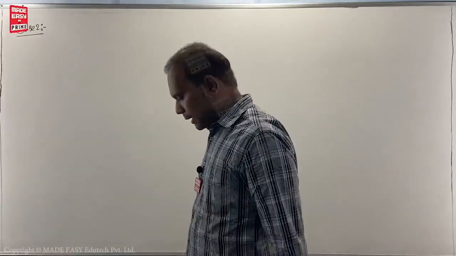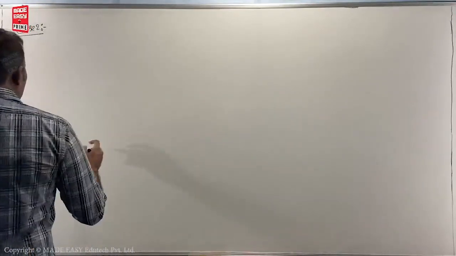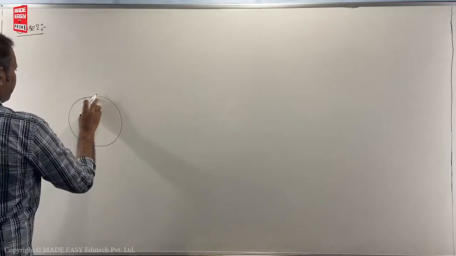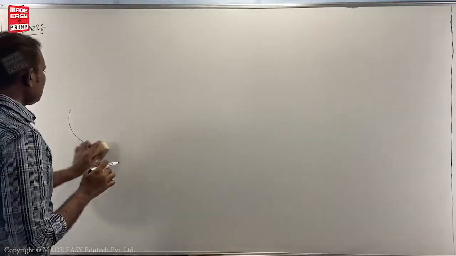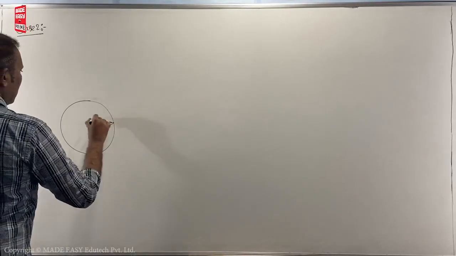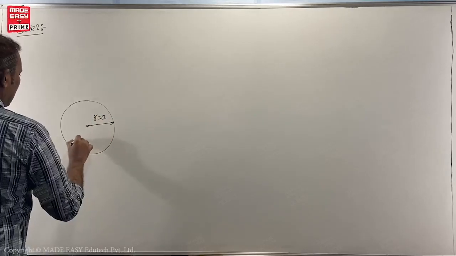So let us see case 2. This is another case. This is also like Michael Faraday's experiment. Here there is one solid sphere of radius r equal to a.